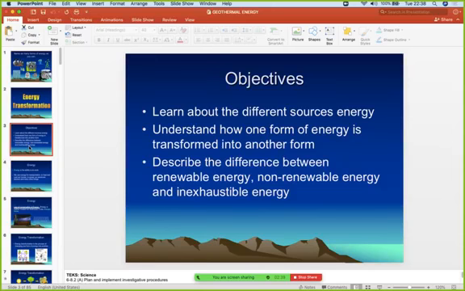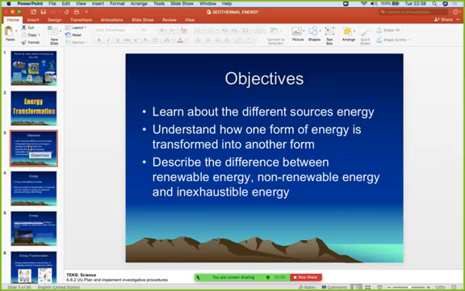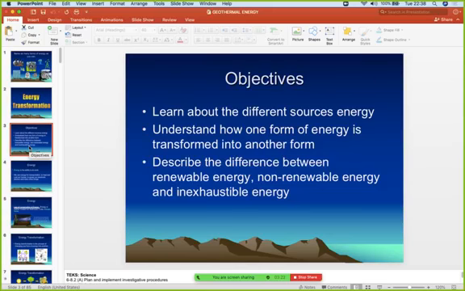The objectives when we discuss sources of energy involve the following: learn about the different sources of energy, understand how one form of energy is transformed into another form, and describe the difference between renewable energy, non-renewable energy, and exhaustible energy.